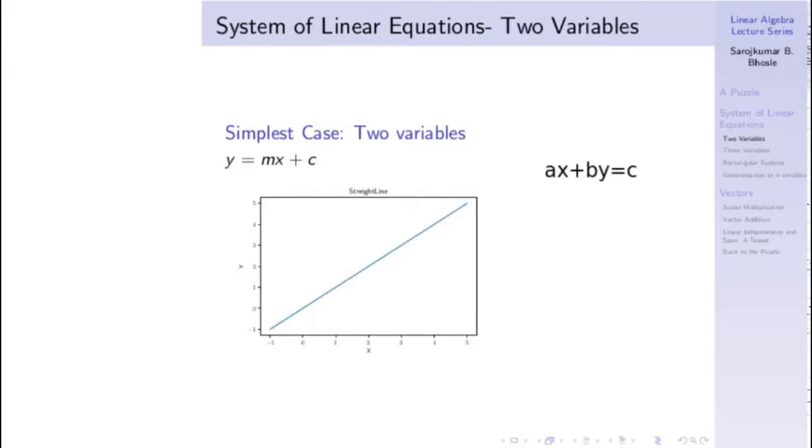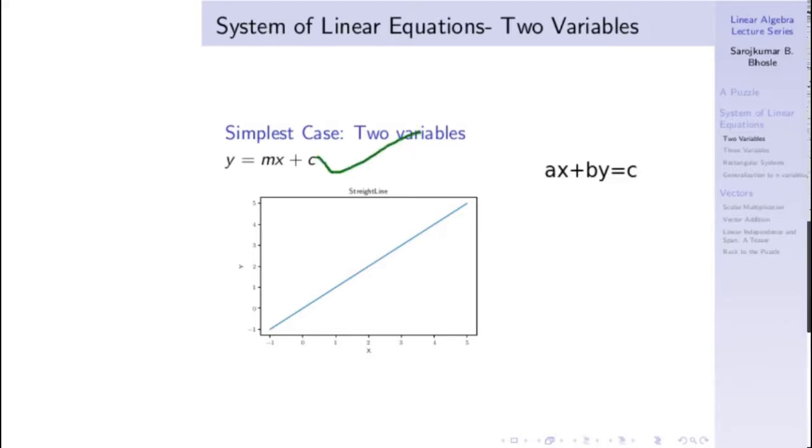Let's begin with a very simple case, the case of two variables, and then we'll generalize it. In two variables we have an equation in x and y which represents a line. The universe is a plane, and any linear equation in two variables represents a line.